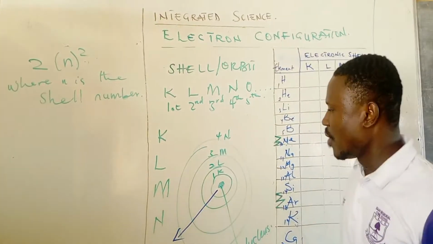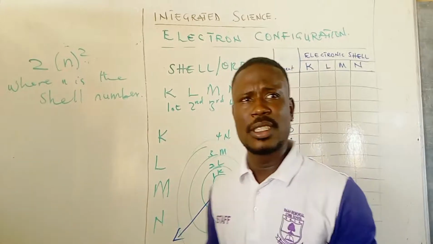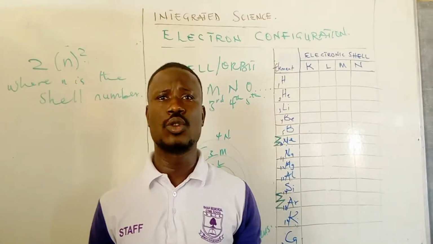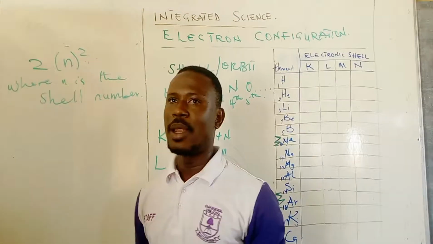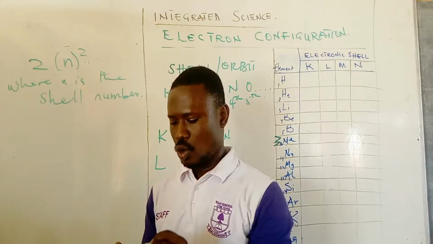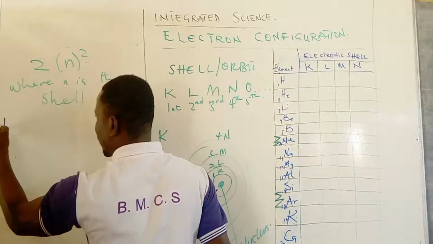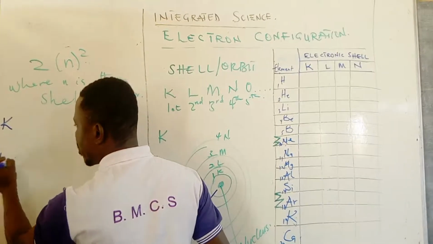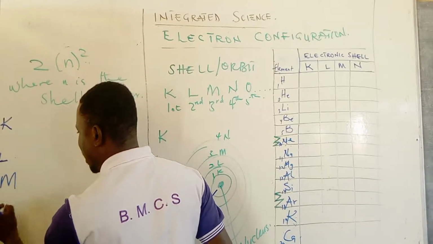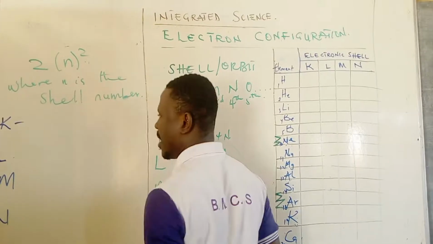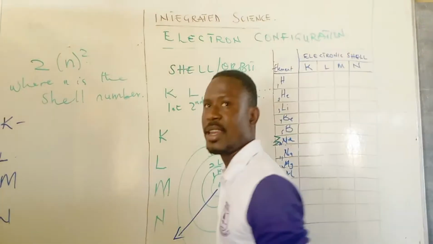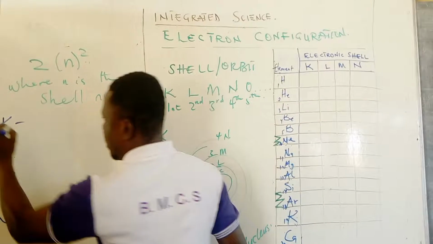Now let's prove the formula. We have K, L, M, and N. K being the first. So we said when we see n, we put the number there. So 1, 2, 3, and 4. So the formula gives us 2 into bracket 1 squared for the K shell.